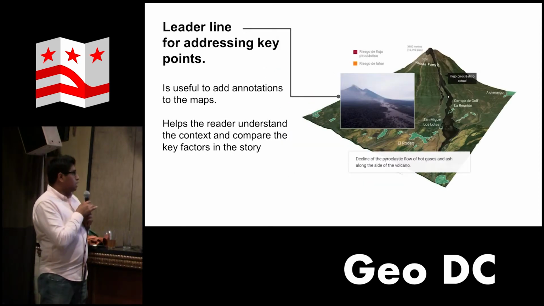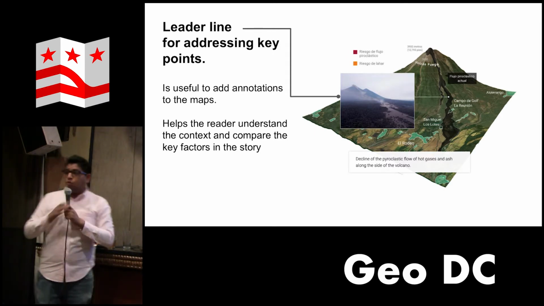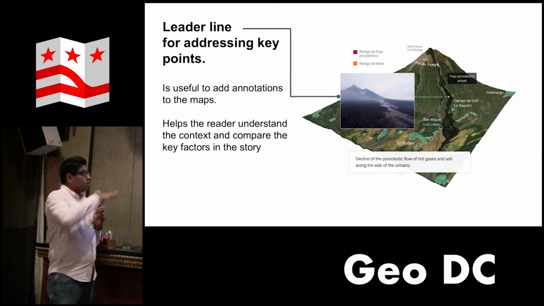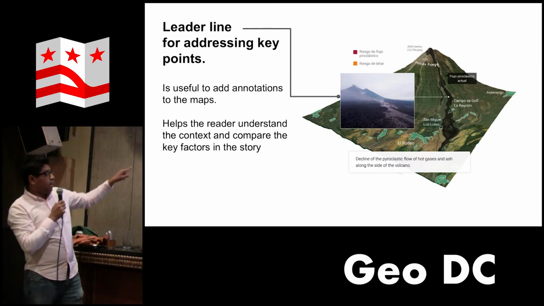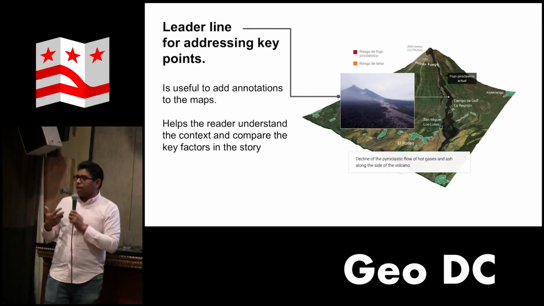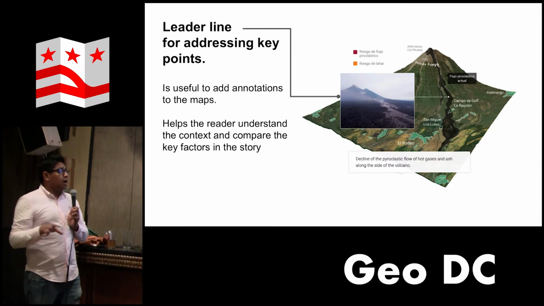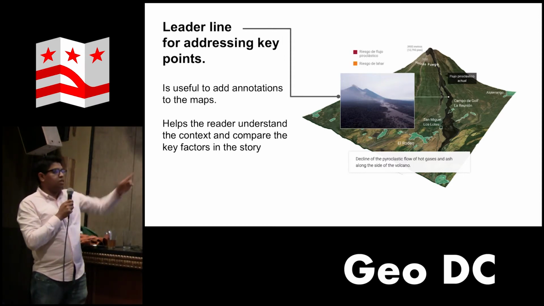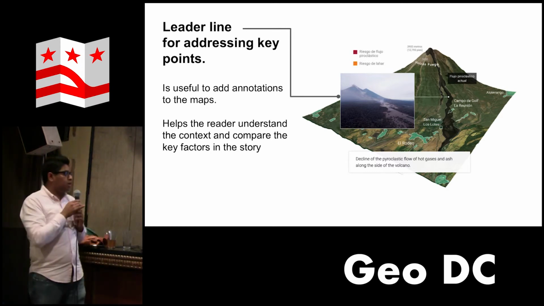Next please. Another thing we used was a leader line to put more information over the map, like pictures. This is really helpful for the user because the user can understand better the whole context of the data you are showing. Obviously it helps to compare all the data in all the layers you are putting on the map.